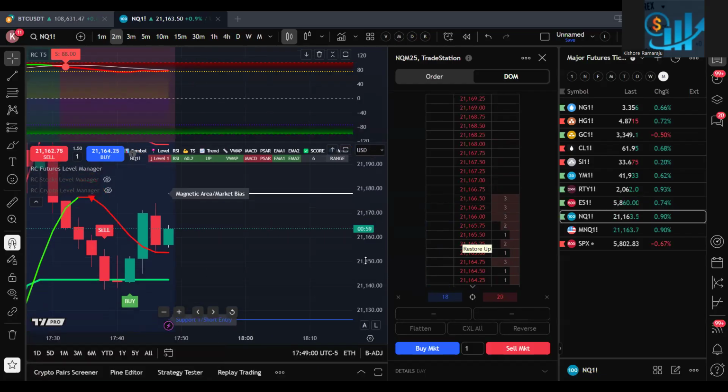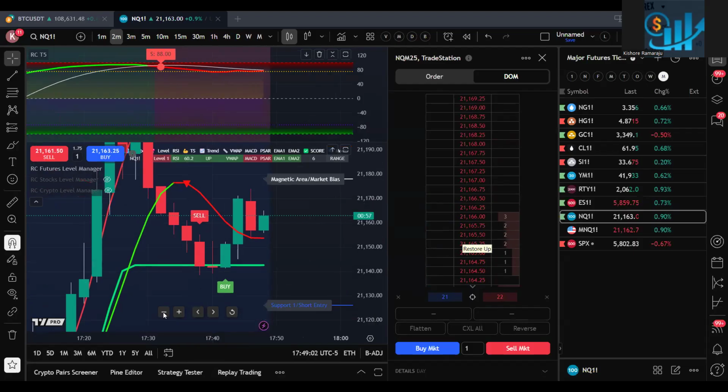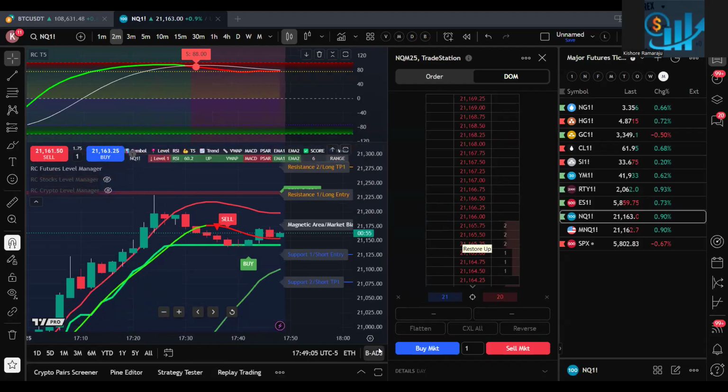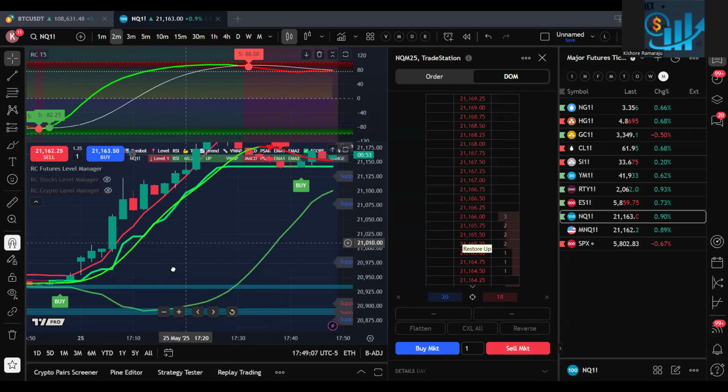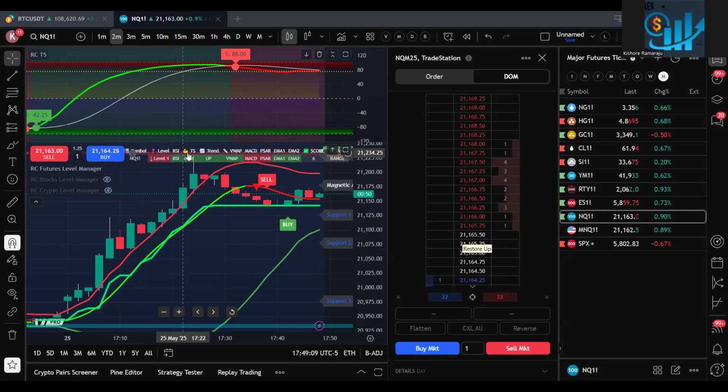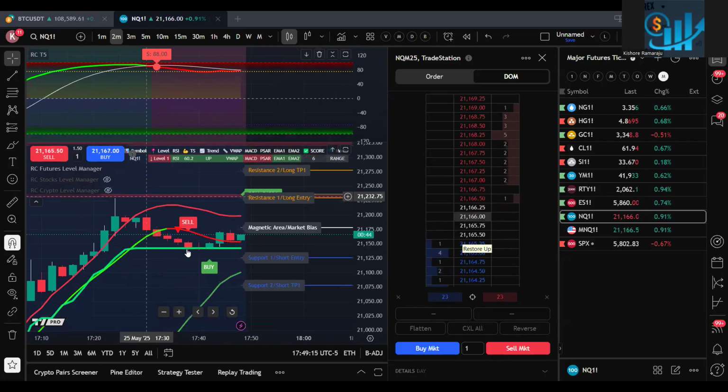So that's it. If you see the chart, you understand that it went up, created a higher high, did a higher low, higher high, higher low. Once you understand that, if it is creating higher highs and higher lows, you only take buy signals, buy opportunities.